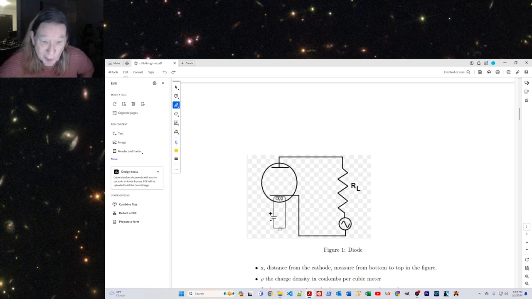You apply a small voltage, like in an old-fashioned radio, it might be 10 volts, to this coil right here. This produces heat, heats up the metal of the cathode right here. That imparts energy.